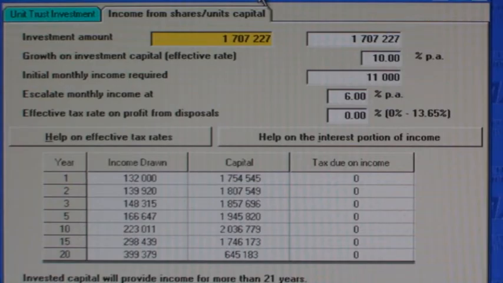Using the FIFO method, the 132,000 Rands worth of shares we sold in the first year of drawing income would have cost us about 20,000 Rand when we bought them 20 years earlier when we started the investment. Our profit is thus 112,000 Rand.